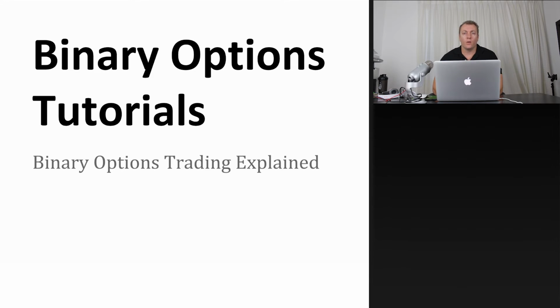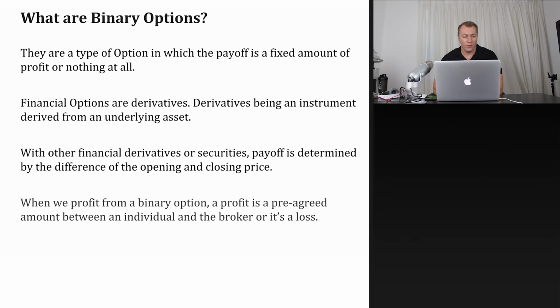So firstly, what are binary options? They are a type of option in which the payoff is a fixed amount of profit or nothing at all. Financial options are derivatives, derivatives being an instrument derived from an underlying asset. With other financial derivatives or securities, a payoff is determined by the difference of the opening and closing price.